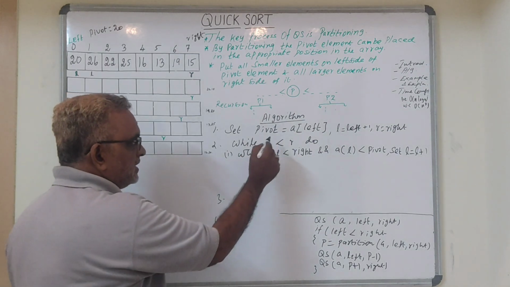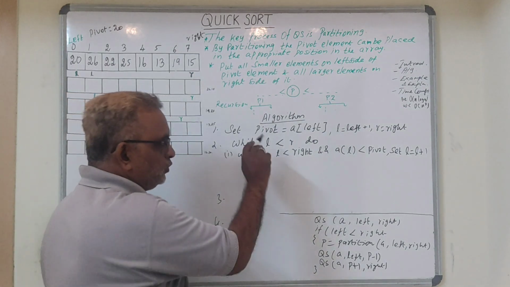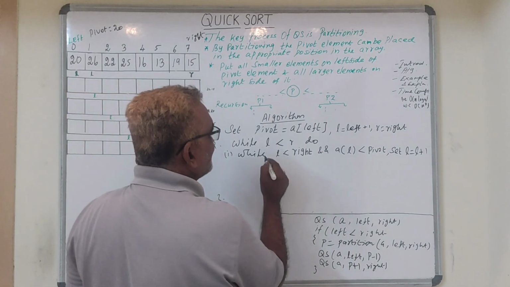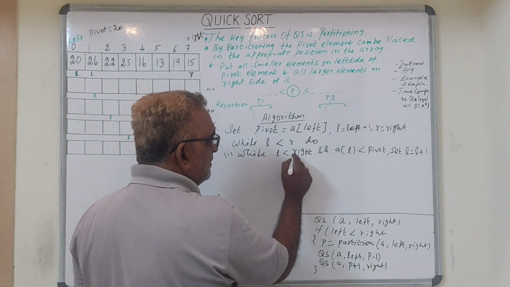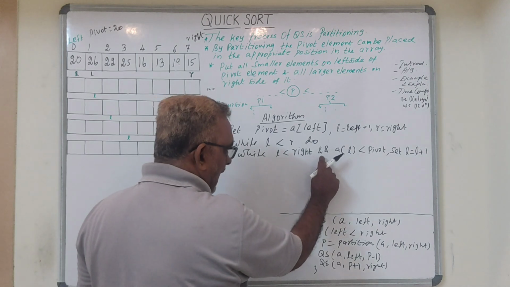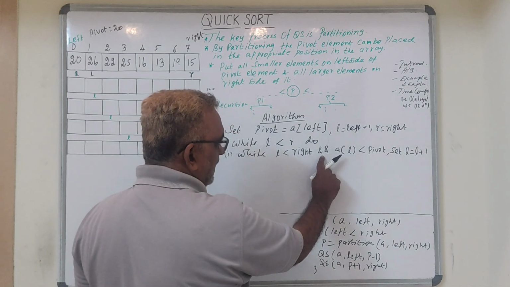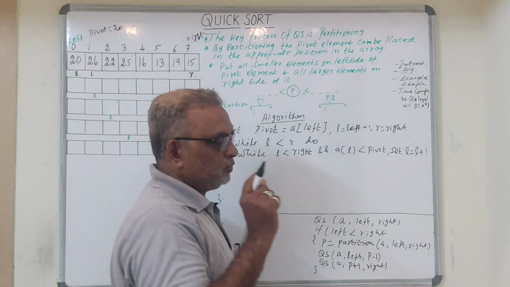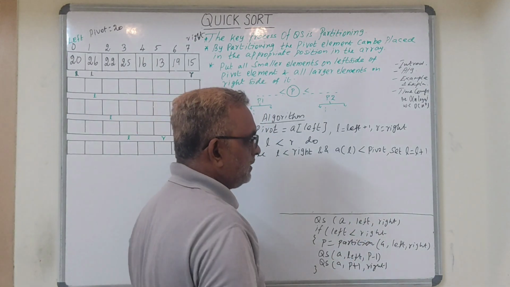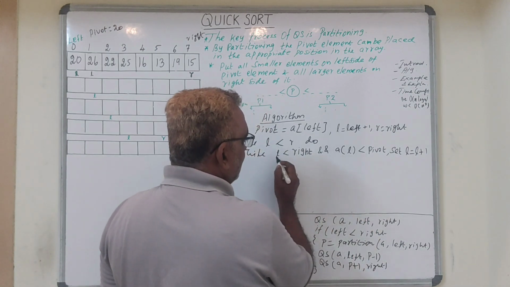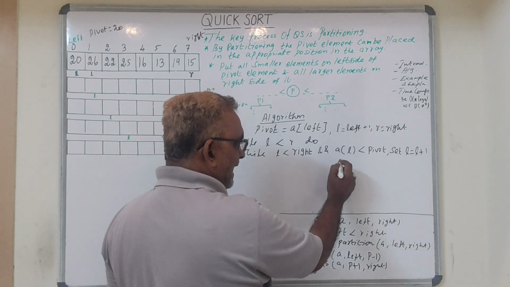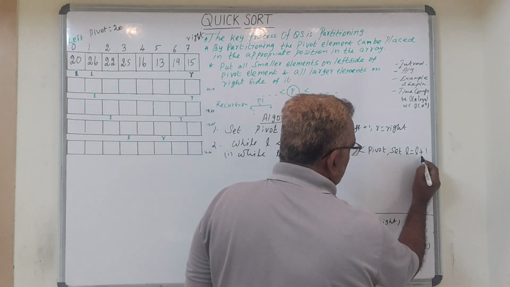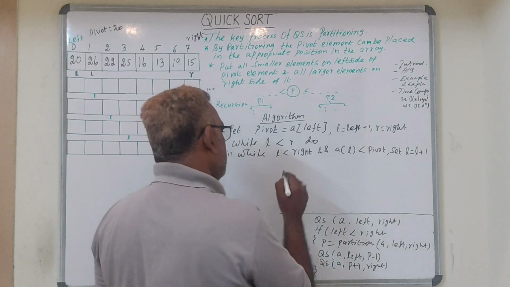While L is less than R, do the following. In the first while loop we check two things combined: while L is less than right and A of L is less than the pivot, increment the value, that is, L is equal to L plus 1.